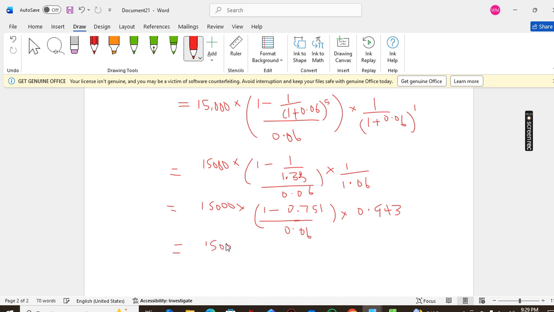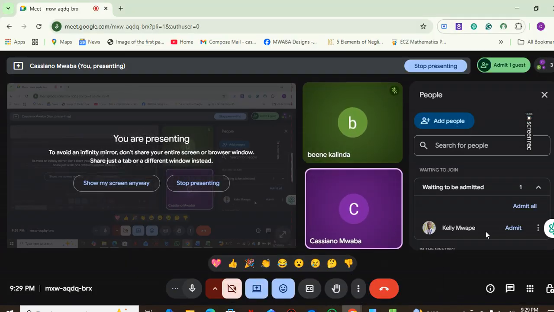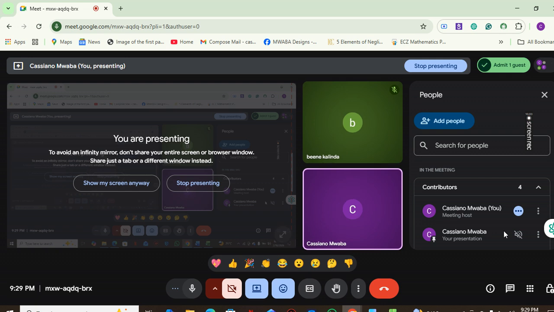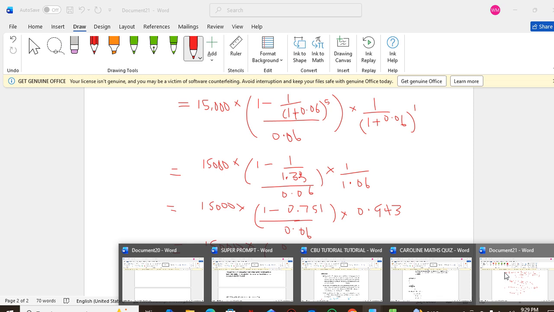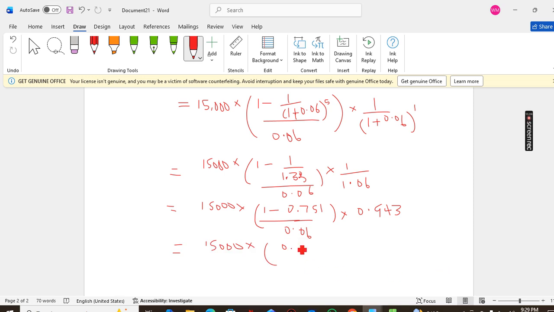And we have 15,000 multiplied by 1 minus 0.751, which is 0.249. 0.249 divided by 0.06, multiplied by 0.943.